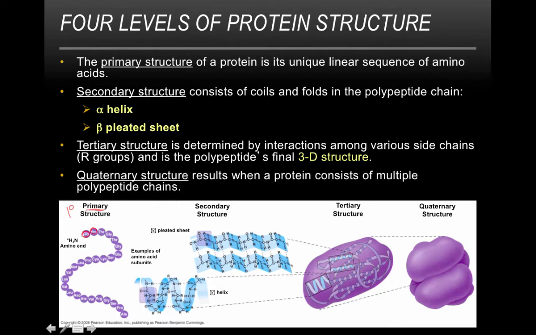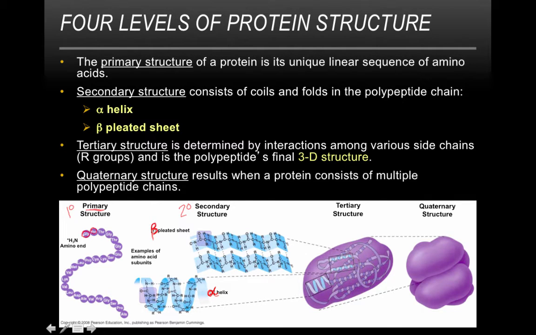As amino acids start to form hydrogen bonds with other amino acids, we start to get a little bit of three-dimensional structure. And we're moving to the secondary structure of protein folding. Characteristic of this are alpha helixes, or coils, and beta pleated sheets.